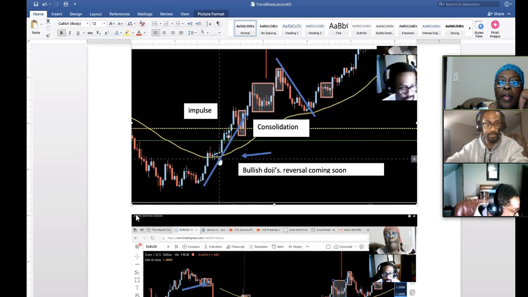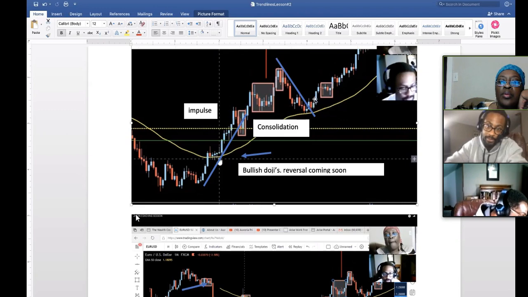So impulse, correction, consolidation, continuation / impulse. Then correction, consolidation, breakout again, continuation / impulse. Then we have the correction, and then consolidation, and it broke out right here.